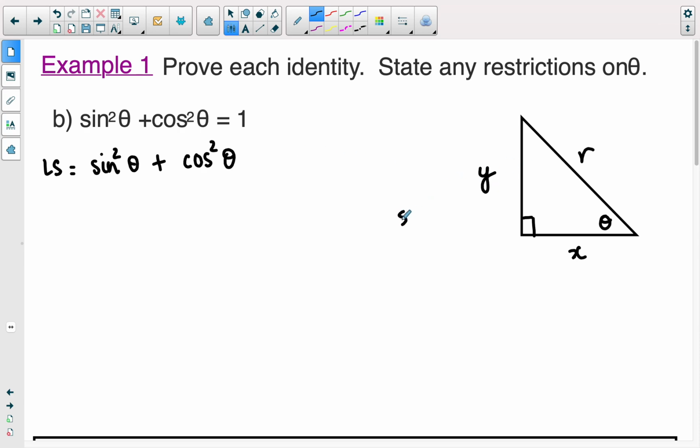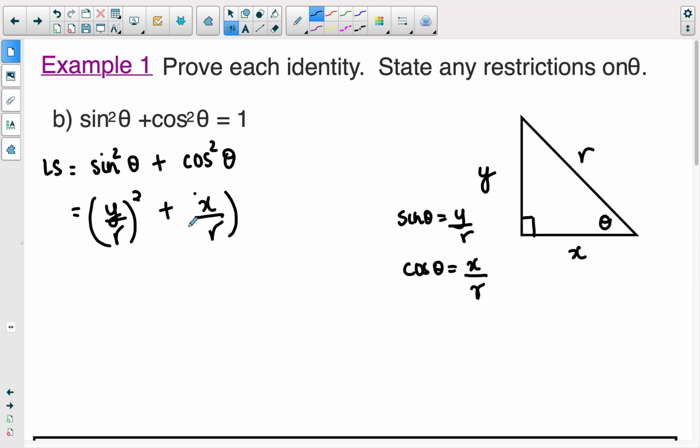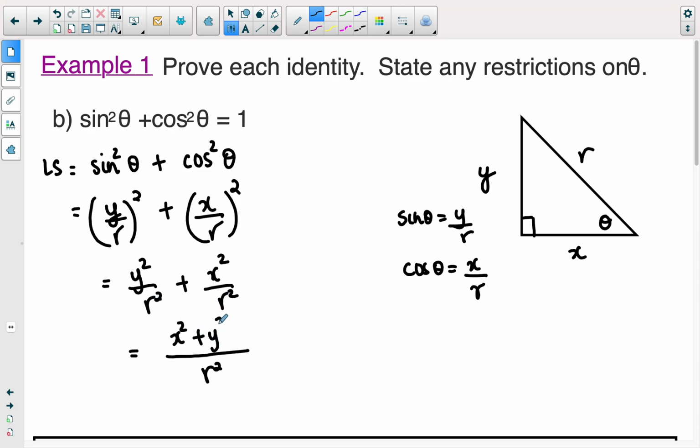Looking at this diagram, sine theta is y over r, cos theta is x over r. So our left side is y over r squared plus x over r squared. Simplifying, that is y squared over r squared plus x squared over r squared. Denominators are both r squared, so we can add them up as x squared plus y squared, over r squared.